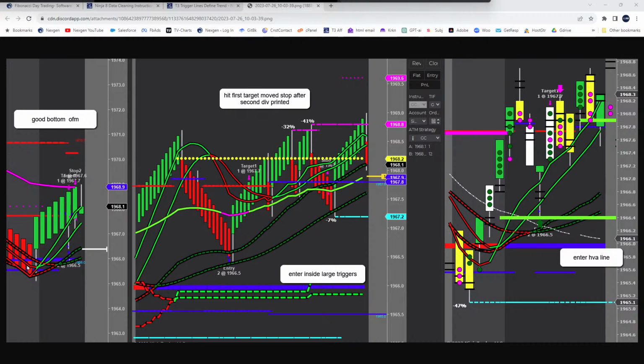This is a really good use of Fibonacci support, strong triggers, and triggers helping. Sophia, you see what I'm saying here? See how we went long at the high volume line with all the triggers helping? That's pretty much A1 primo numero uno high volume line look right there.